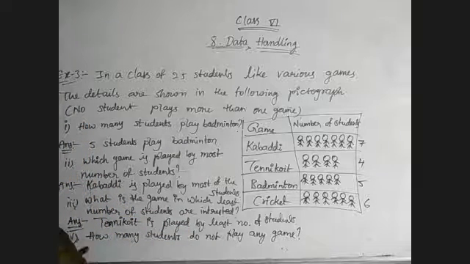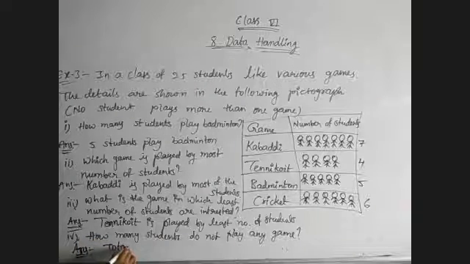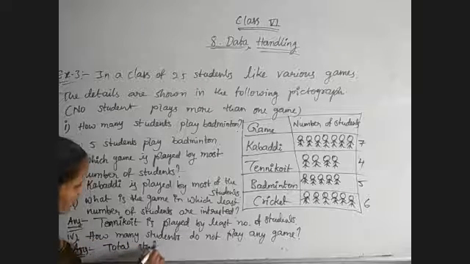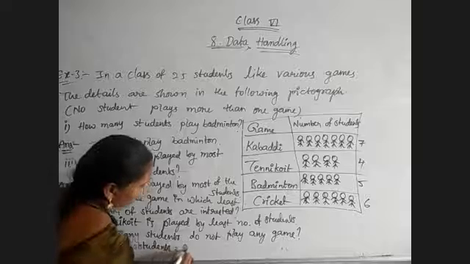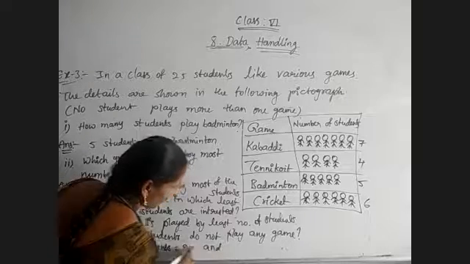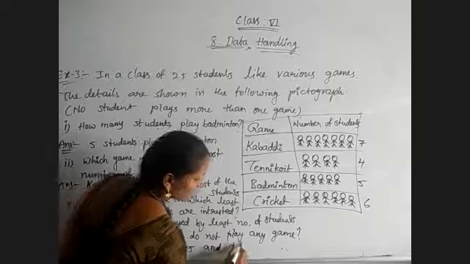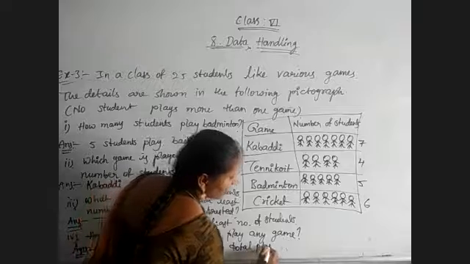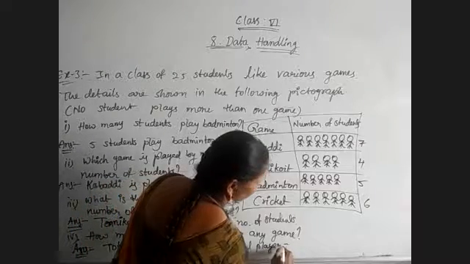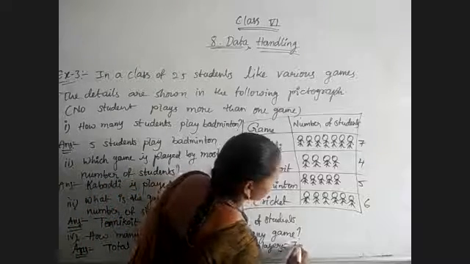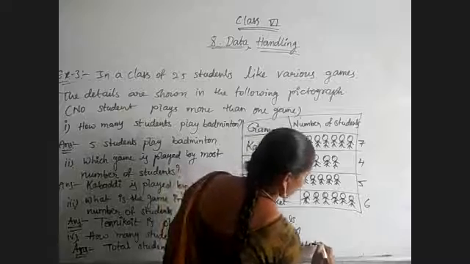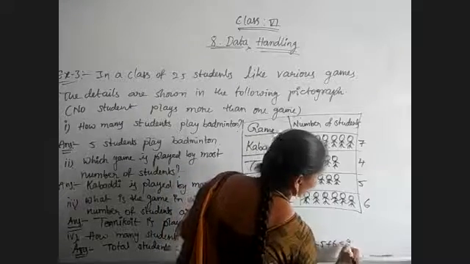Okay. So here total students equal to 25 and total players from the pictograph equal to 7 plus 4 plus 5 plus 6, which is equal to 22.